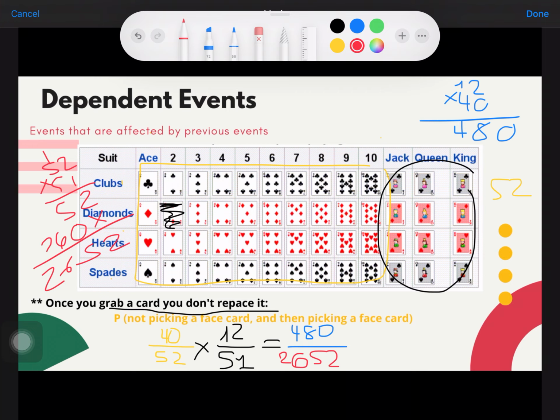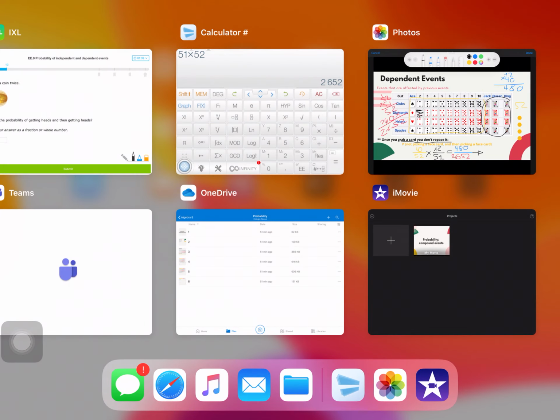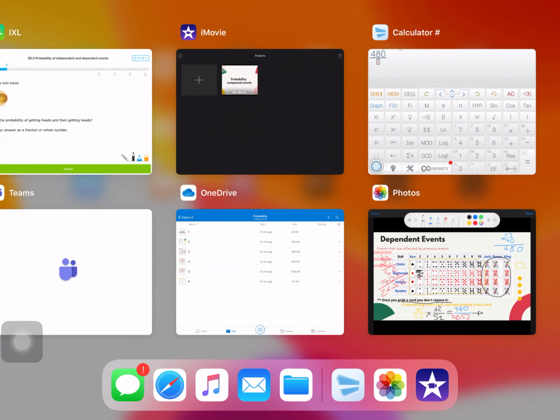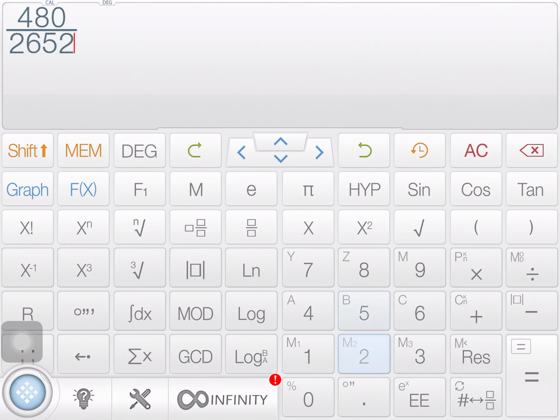The only thing you need to identify is what is a dependent event and what is an independent event. Now remember that these fractions need to be simplified, so instead of doing all the procedure, I'm just going to go here, and in fact I had already opened the thing, so it's going to be 480 over 2,652.